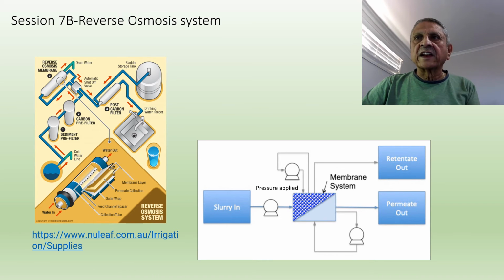If you look at the diagram, you will see that as you put in the slurry, it could be salt water, seawater, it is pumped at high pressure onto the membrane.